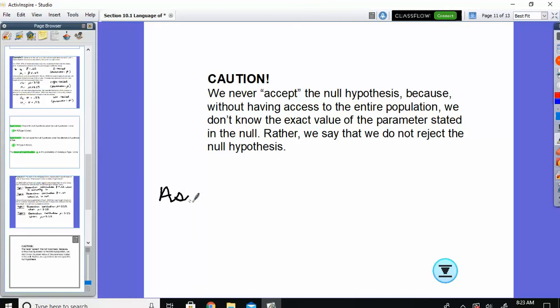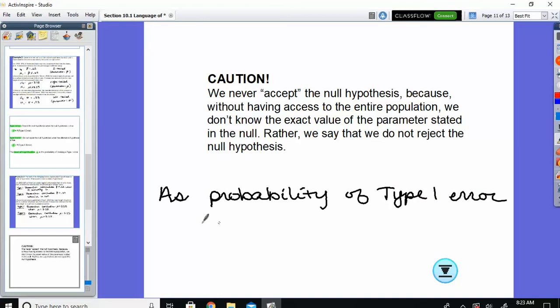Also, as the probability of type 1 error, which is my alpha, increases. Type 1 means I reject it. So as the chance that I reject it goes up, what's going to happen to the chance of type 2 error?